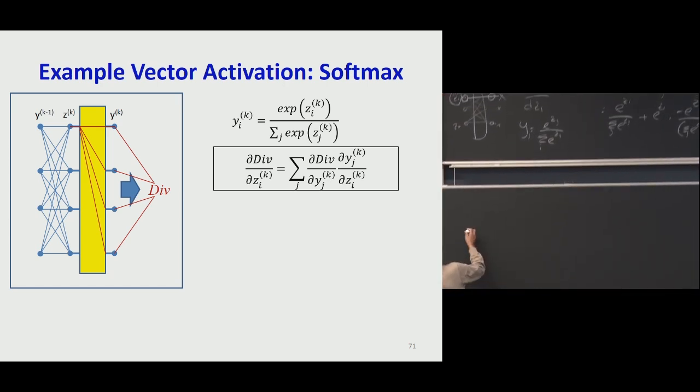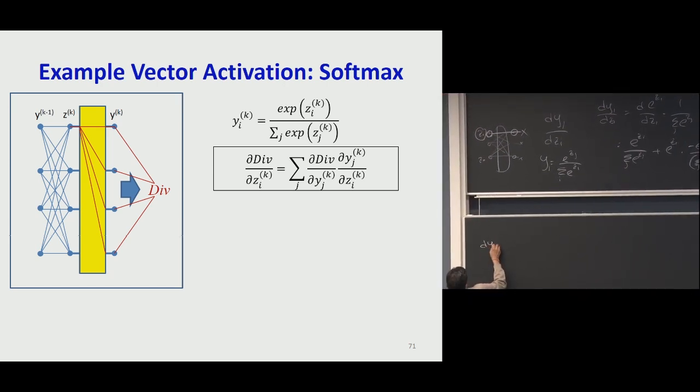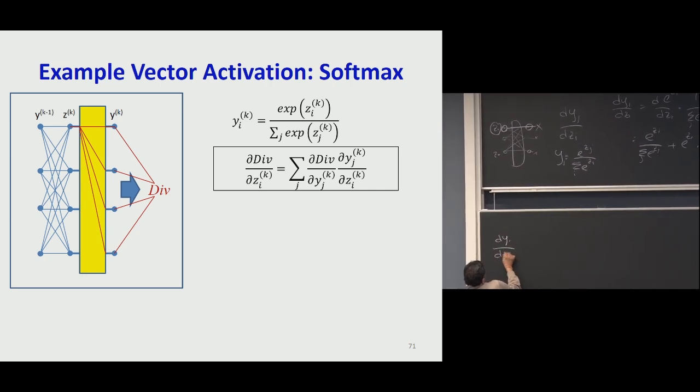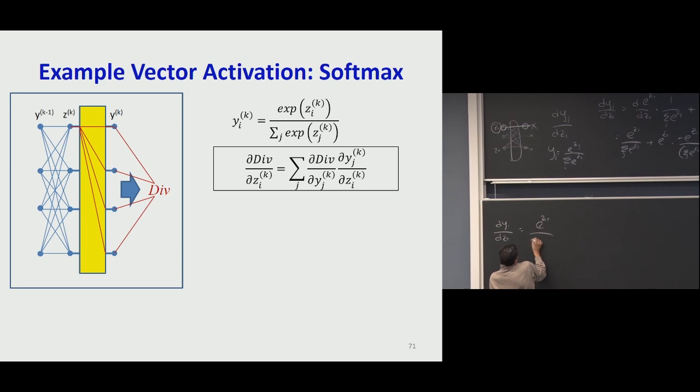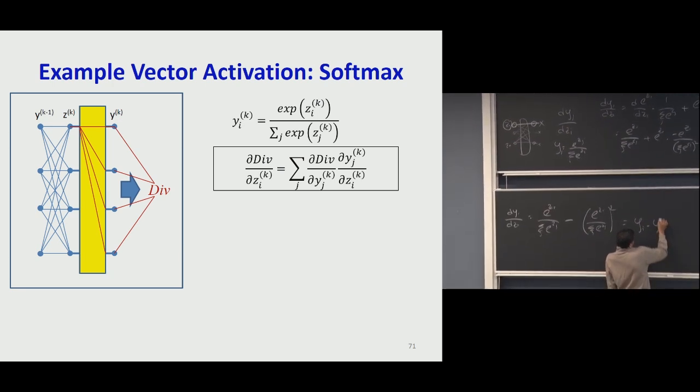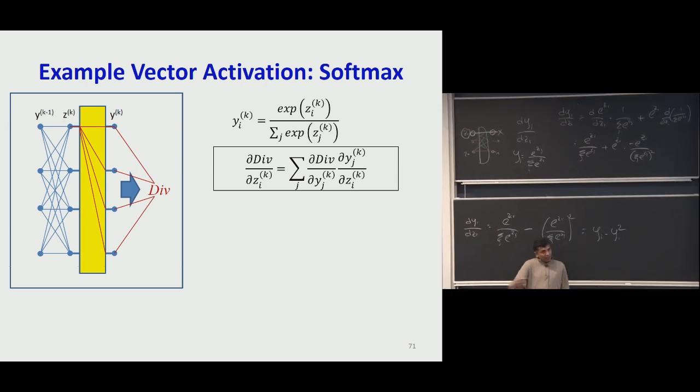So this dyi by dzi is going to be e raised to zi by summation j e raised to zj, minus e raised to zi by summation j e raised to zj whole squared, which is simply going to be yi minus yi squared, right? This is for the straight line.